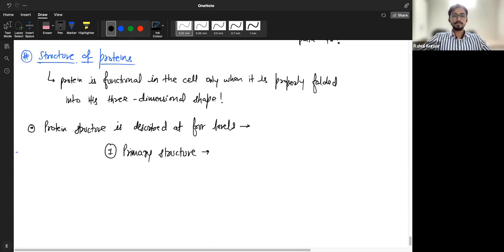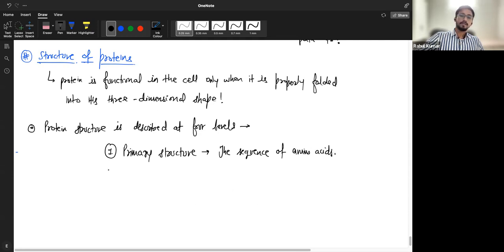And what do you think is a primary structure? It's simple. It is simply the sequence of amino acids, right? In a primary structure, a protein is not functional. So first you make a long chain. So write down, primary structure is just the linear sequence of amino acids.